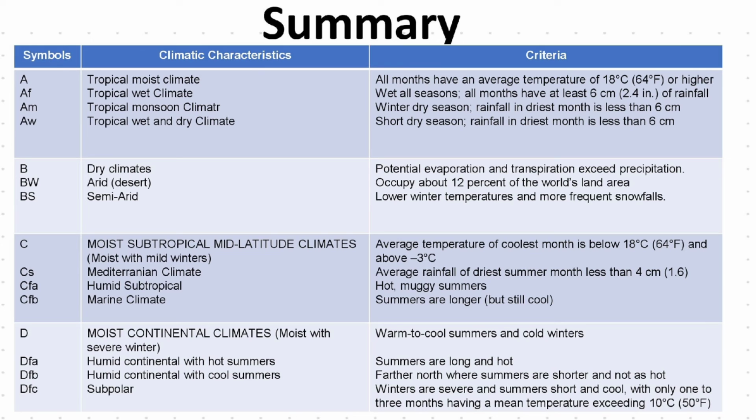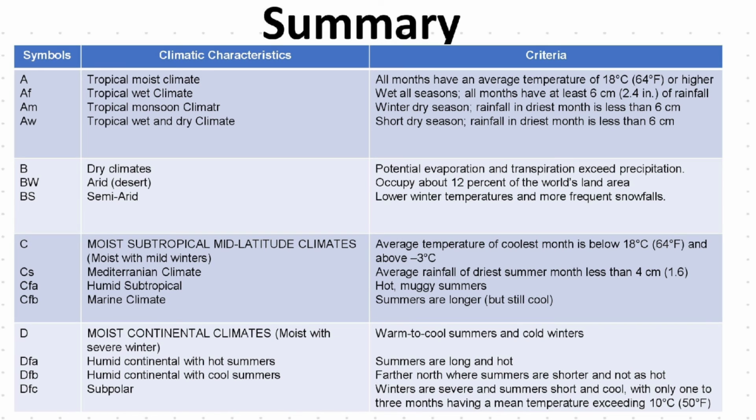And the next one is group D, the moist continental climates, or moist with severe winter. It has warm to cold summers and cold winters. Under group D, we have three types. The first one is DFA, the humid continental with hot summers. Summers are long and hot.